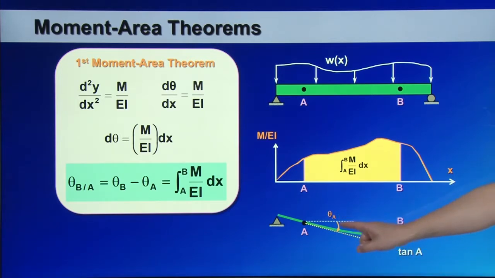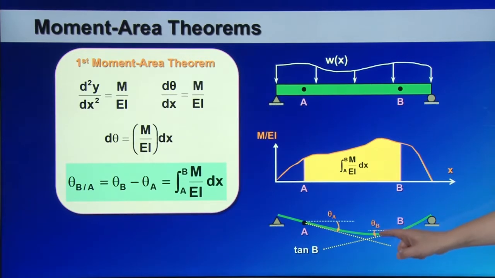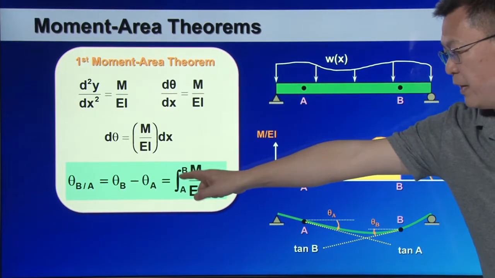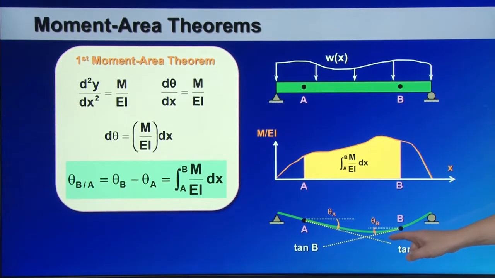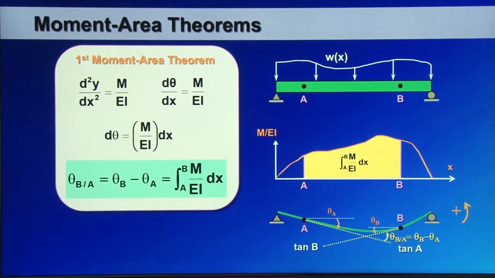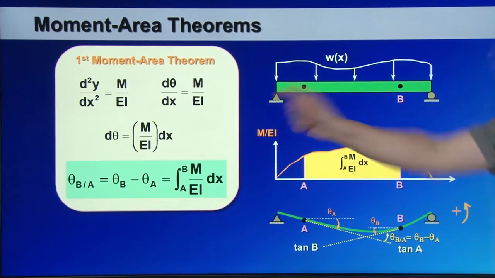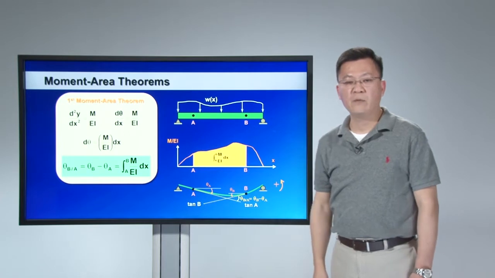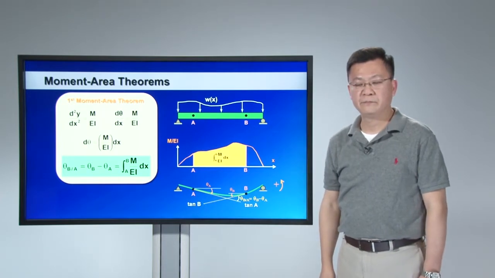So this is rotation A. Similarly, this is rotation B. So the angle difference, theta B minus theta A, is this angle. So this first moment area theorem tells you that the angle difference between B and A is equal to this area. So that's the first moment area theorem.